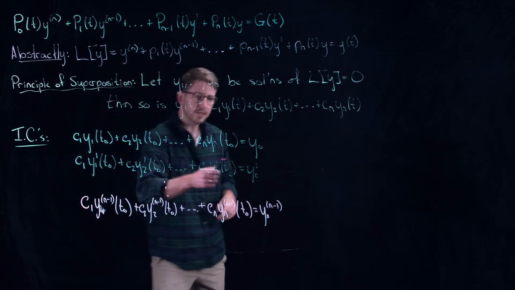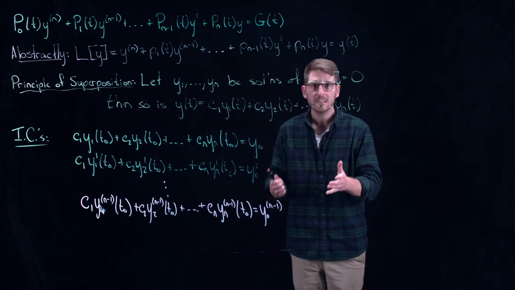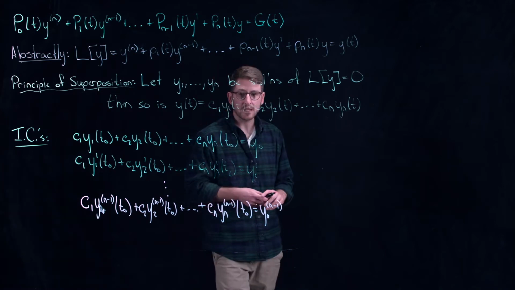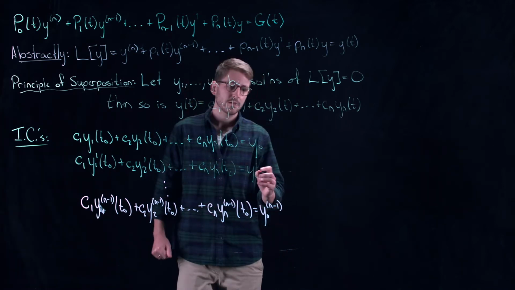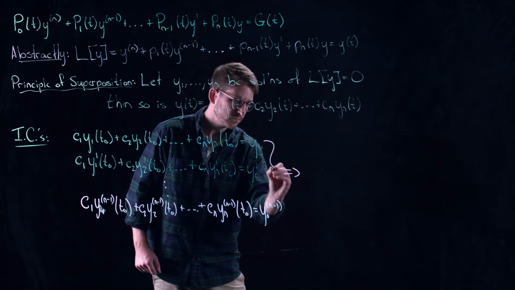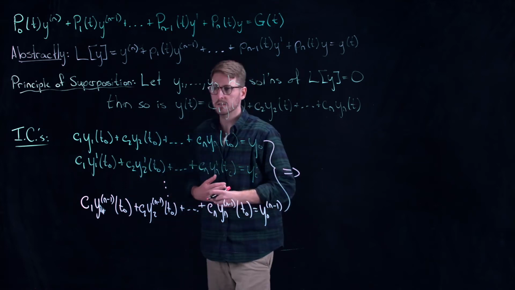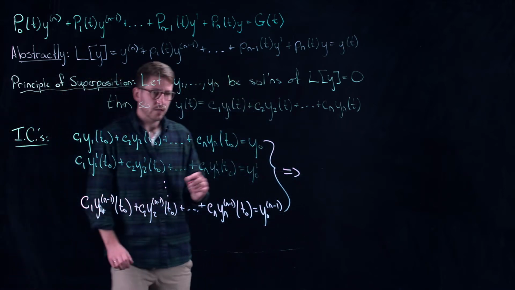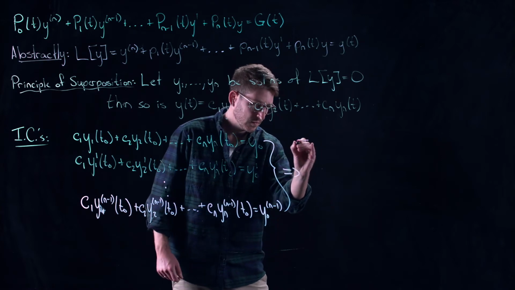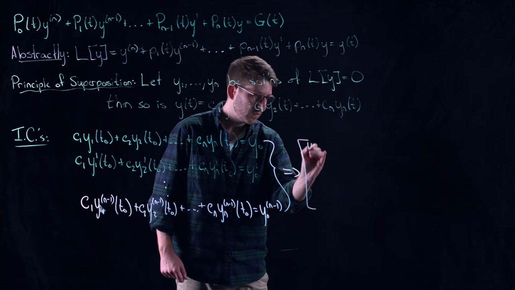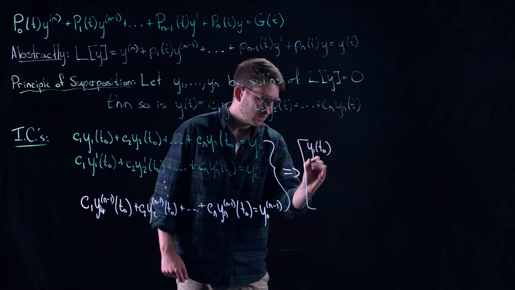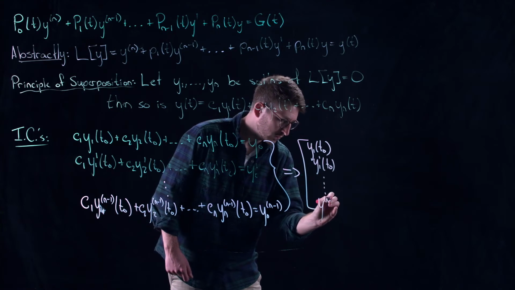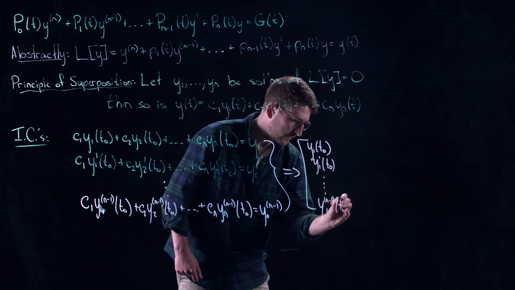Okay, so now I've got my big system of equations. In fact, this is a system of linear equations, and that means that I can turn it into a matrix. So let's write the whole thing as a matrix. I apologize if some of this is a little difficult to see. Hopefully now with this marker, it'll be nicer. But now I've got a big old matrix here: y1 of t naught, y1 prime of t naught, all the way down to y1 to the n minus 1 at t naught.